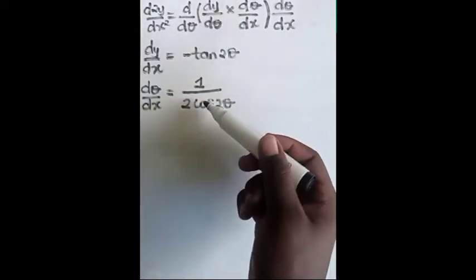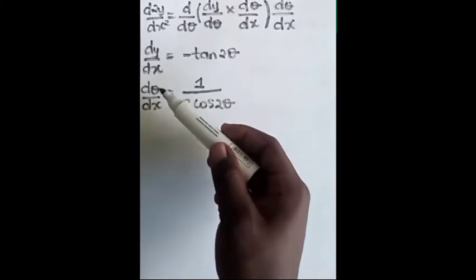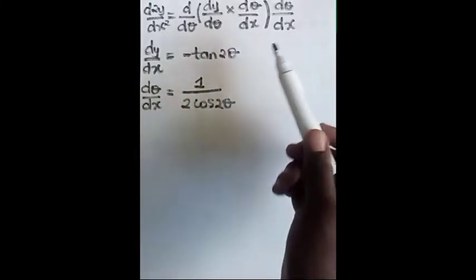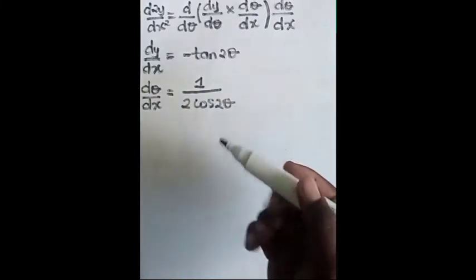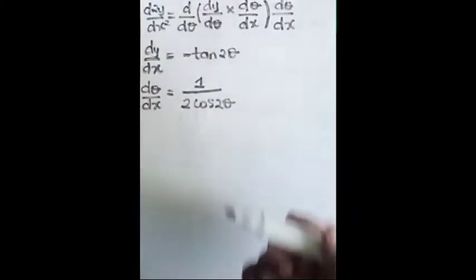We're reciprocating it because back there we had dx/dθ, but here we were asked to have dθ/dx. That's why we reciprocated. Now I'm just supposed to fit it in this equation.